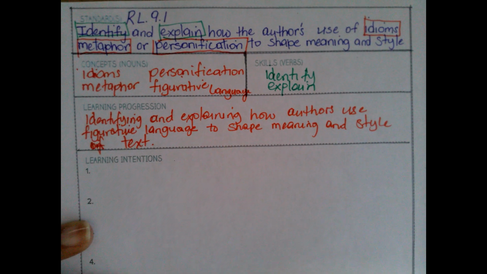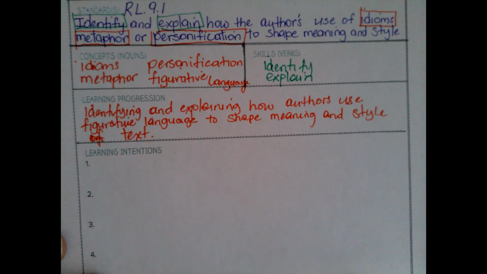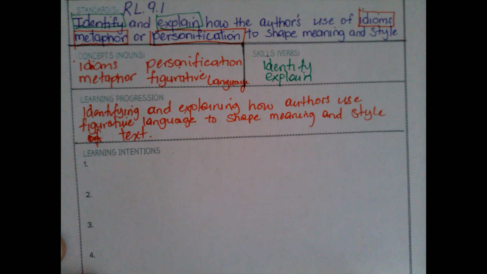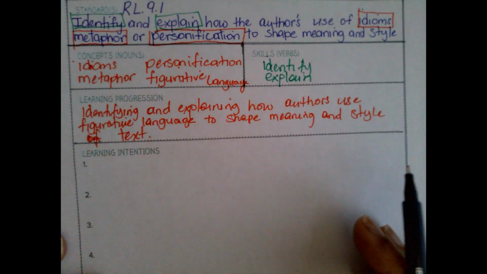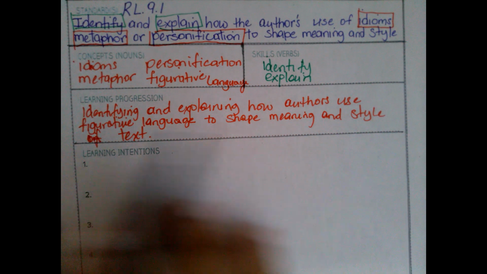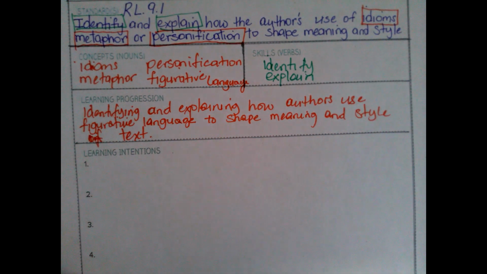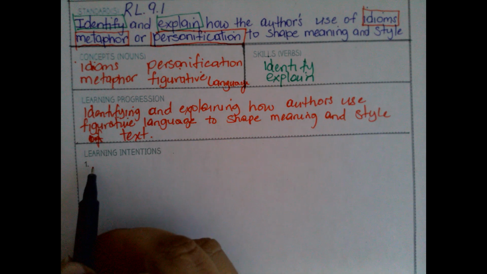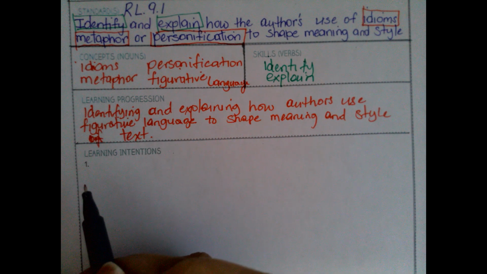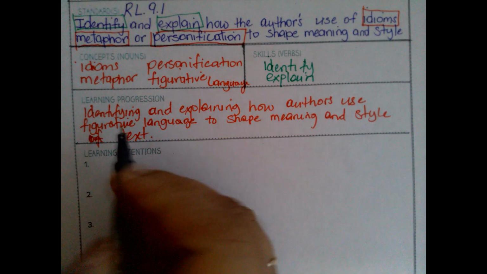Good, then we get to our learning intentions. This is where we state what we're learning. First of all, based on what we have already accomplished and thinking about the progression, meaning how it will be done, I will start by introducing my lesson by defining what figurative language is.